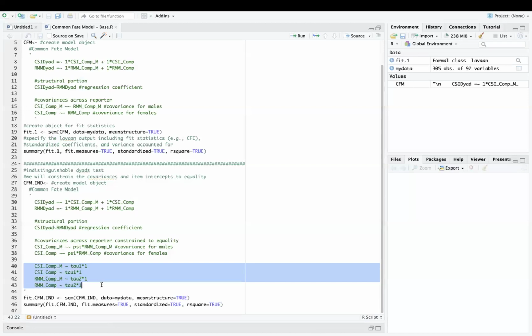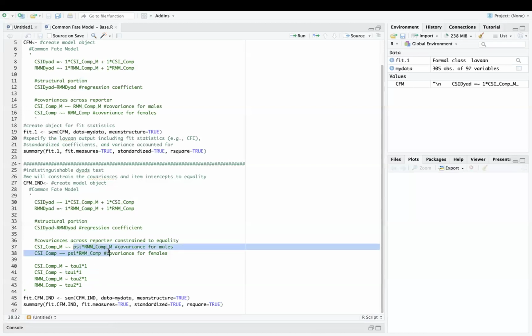The second area in which we are going to place constraints is on the item intercepts. You will see here that we have the item intercepts for relationship quality and for relationship mindfulness. I have added the labels in order to tell lavaan to hold that constant, and I also did that up here with relationship mindfulness. If you use the same labels, that tells lavaan to hold those parameters equal.